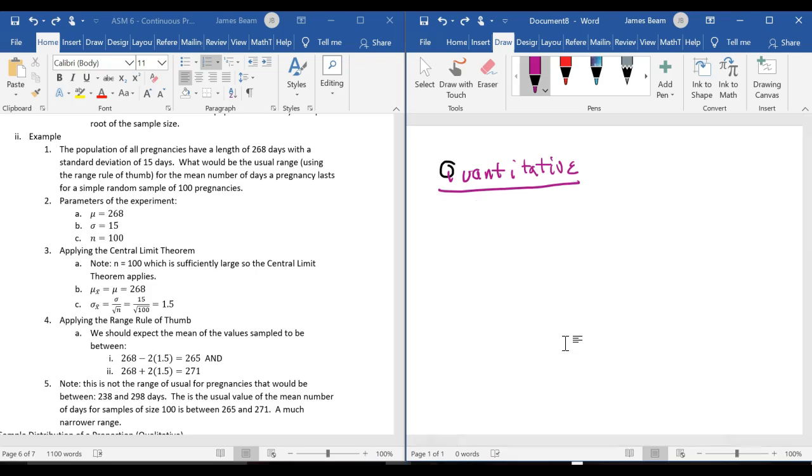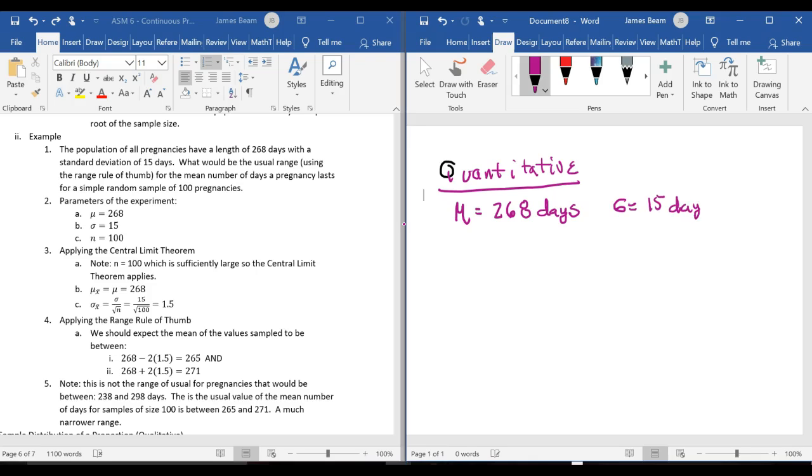Okay, so this is a known reality that on average, so the mean of the population, a pregnancy lasts 268 days. And these happen to be normally distributed with a standard deviation of 15 days.